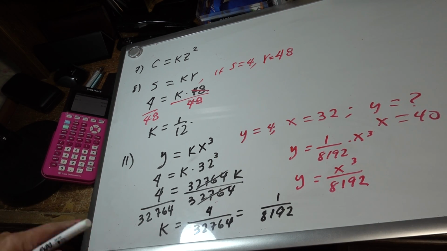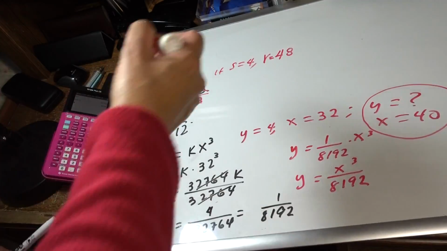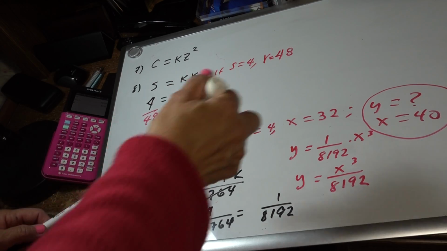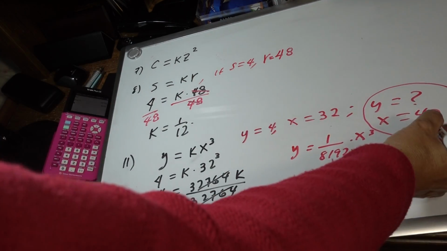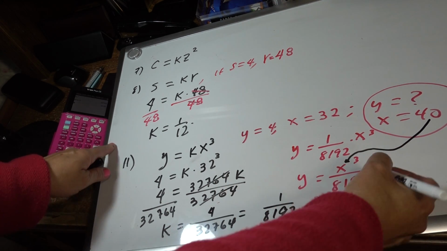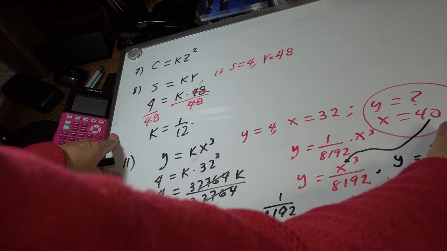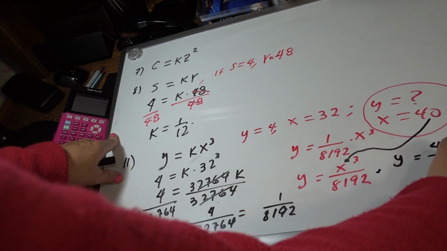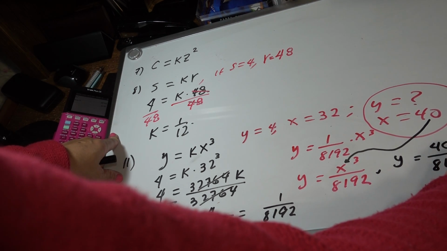That's the equation. Now, the problem is this one. How much is y when x is 40? So plug in the 40 right where x is and find y. So y is going to be 40 to the third power over 8,192.